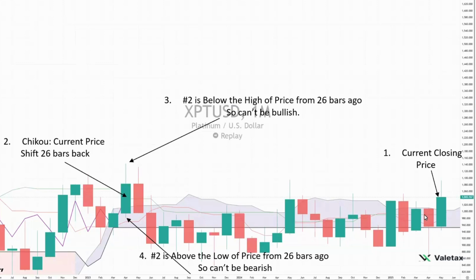So I'd like to do that. If we're coming out of the cloud like this example, I will look to place an order above the high of that bar, and I'll look to see where we're at. You can see the next bar, if I place a breakout order, I still possibly could hit the high of this bar, which is not good. Two bars from now, if I place a breakout order, I've got a high probability, and this automatically goes from neutral to bullish.